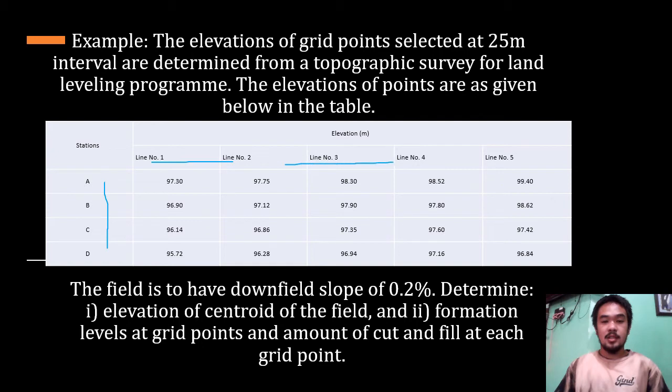So per station and per line there is a 25-meter interval. The field is to have a downfield slope of 0.2%. So we need to determine the elevation of the centroid of the field, the formation levels at the grid points, and the amount of cut and fill at each grid point.